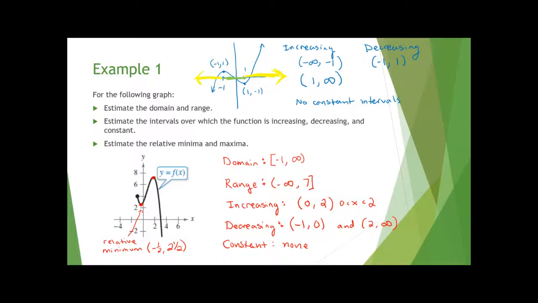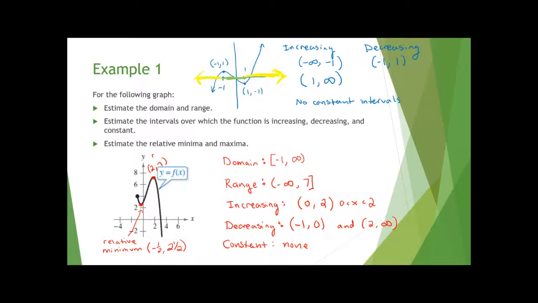So now we need to estimate that maxima point there, which I think is about 2.7, roughly. And so that's a relative maxima, and that is actually also an absolute maxima because that's also the highest point everywhere on there.